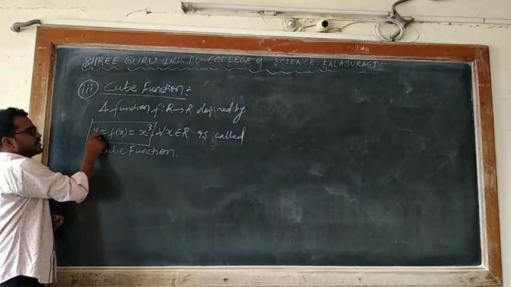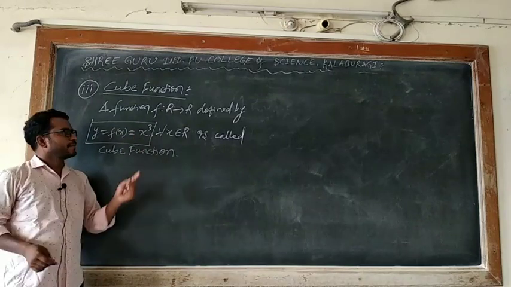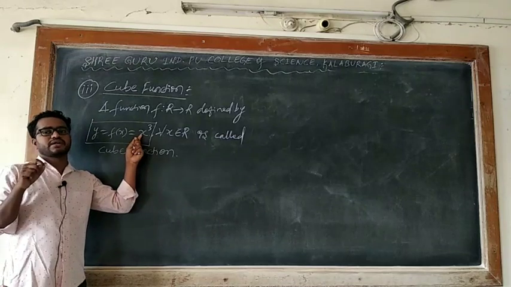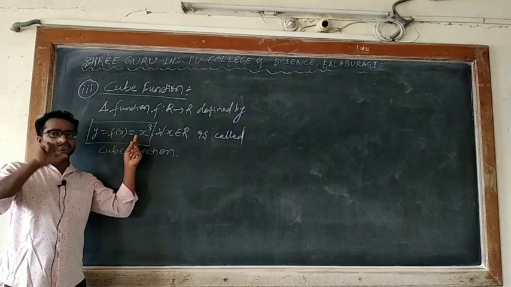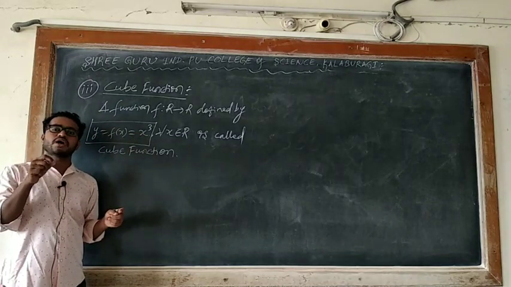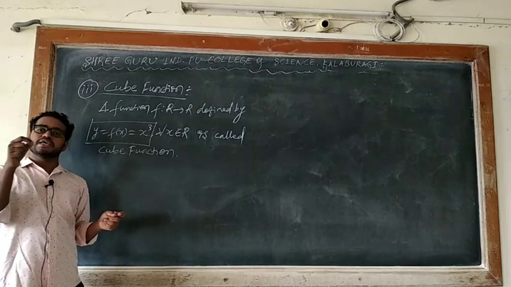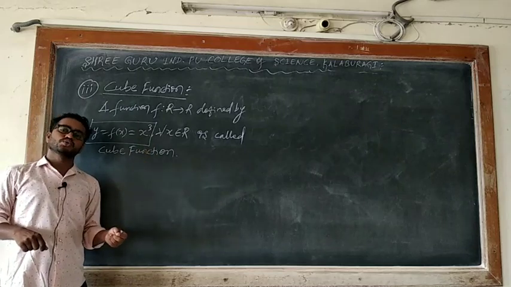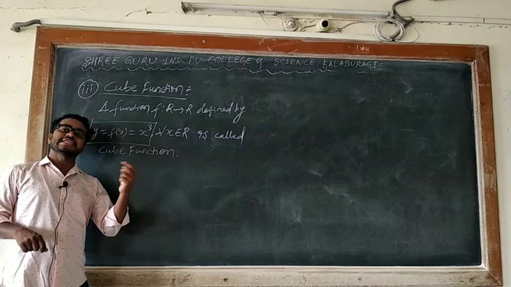Now x is minus 1, cube is minus 1 only. Minus 2 cube: in the case of odd power, negative numbers stay negative; for even power the result is positive. For that reason I said minus 2 square is 4, and minus 2 cube is minus 8, because you multiply three times: minus 2 into minus 2 is plus 4, into minus 2 is minus 8.